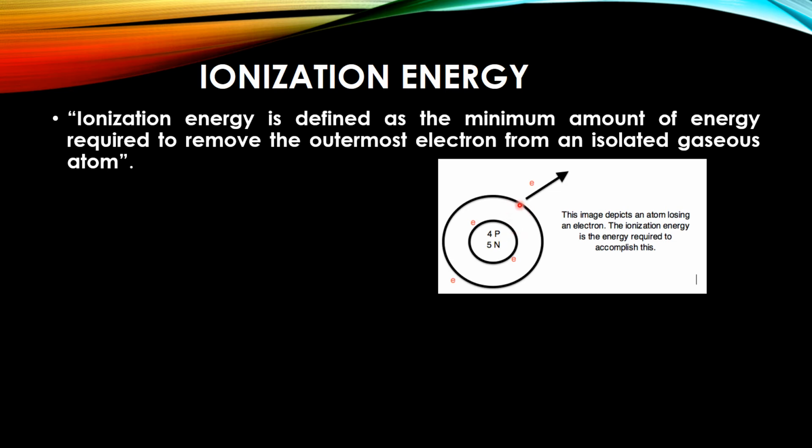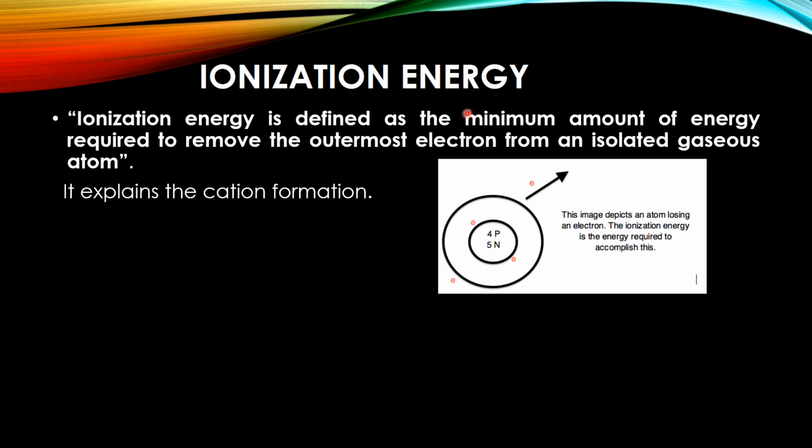When we want to remove this electron from the valence shell, the electron is going to be removed from this valence shell, and for this purpose an amount of energy is required. So this minimum amount of energy that is required to remove this electron from the valence shell and form an isolated gaseous atom is called the ionization energy.